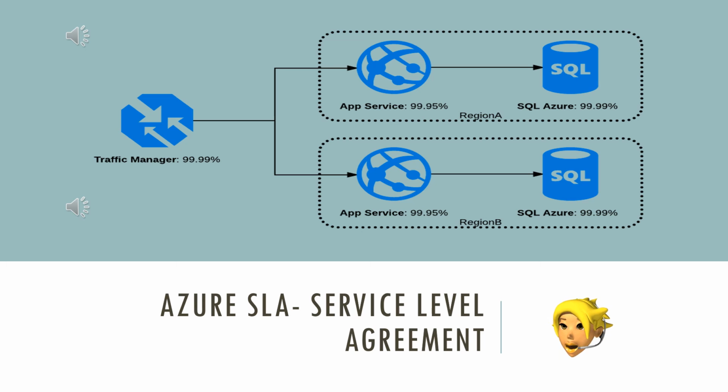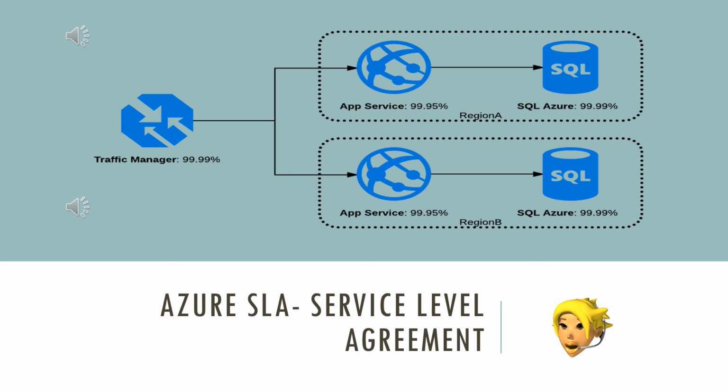So when it is deployed across one or more availability zones, the connectivity to at least one instance will be 99.99, and when it is in the same availability zone, the connectivity to at least one instance will be 99.95% of the time.